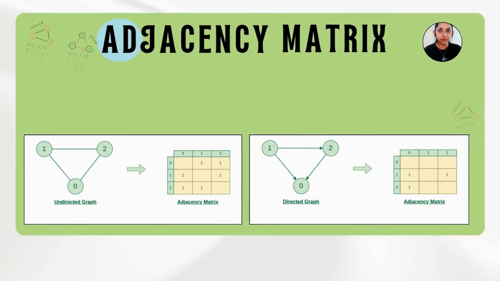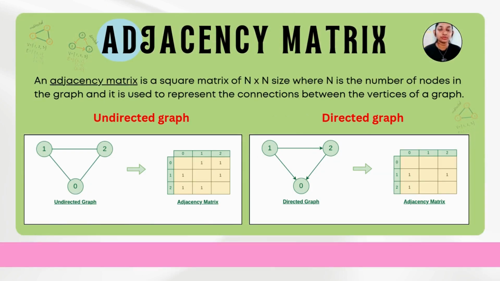In this video, we are going to talk only about the adjacency matrix representation. There are different ways to represent a graph in memory, but this video focuses only on the adjacency matrix. What is an adjacency matrix? An adjacency matrix is a square matrix of size n by n. Here n is the number of nodes or vertices in a graph.